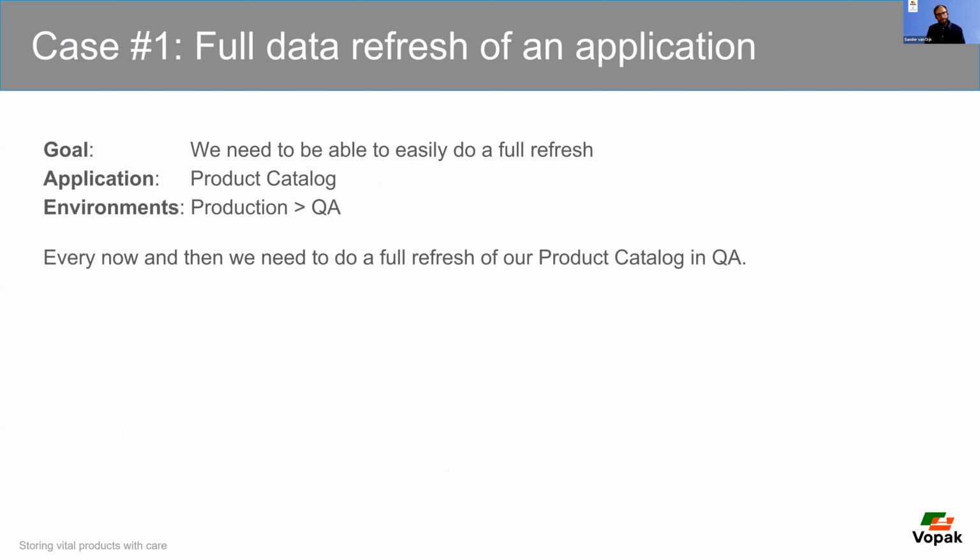So case number 1, full data refresh of an application. Our main goal is to do a full refresh of an application, which means delete all the data and get all the data from production into the QA environment. It can be requested every now and then, when testers ask for a recent set of data.